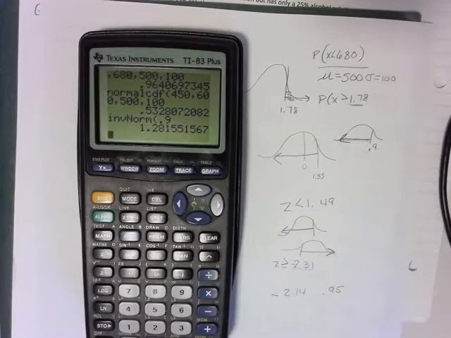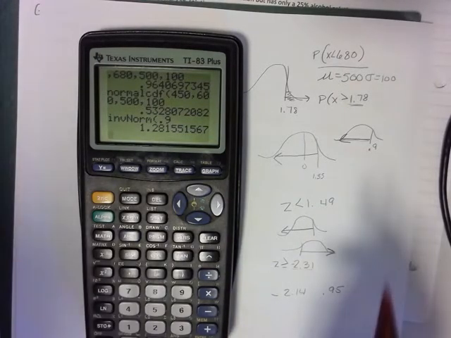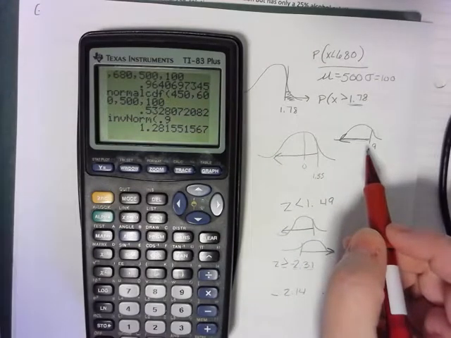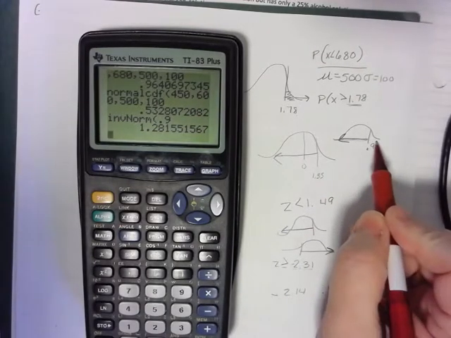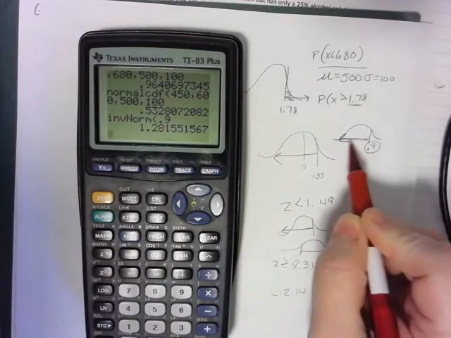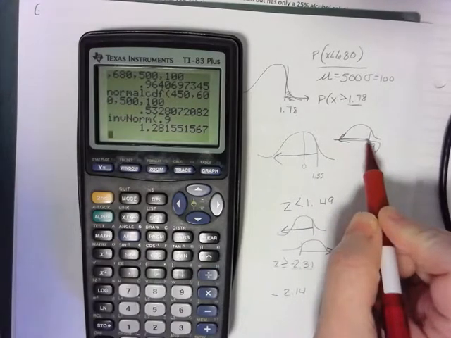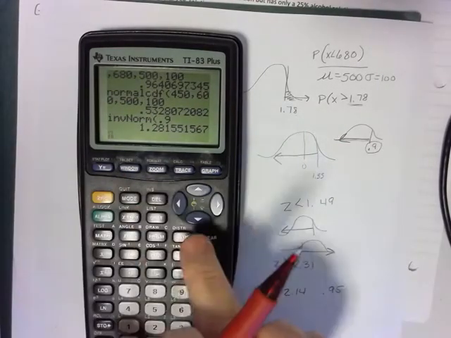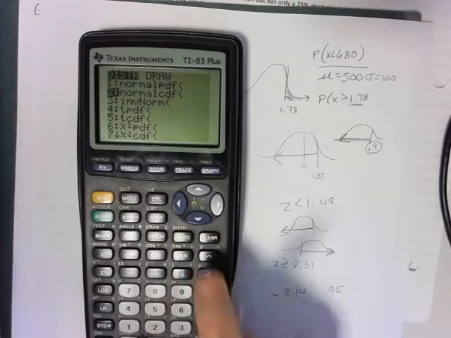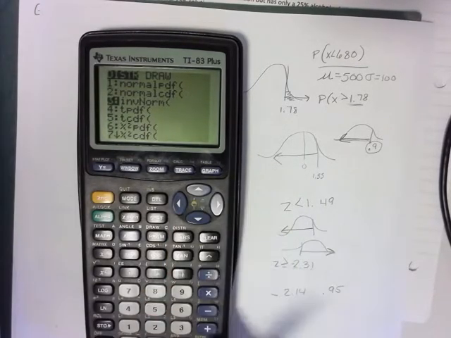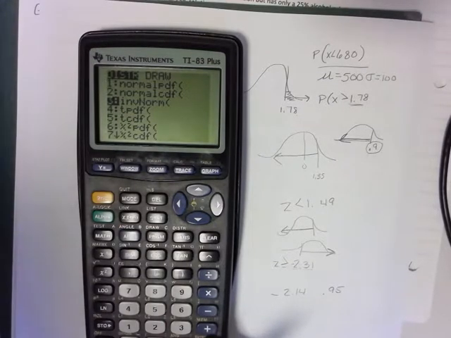Now, if we want the top 10% in 14B, again, we're looking at the 90th percentile below. So I'm going to hit my second vars. I'm not looking for a probability, so I'm not going to use normal CDF. They're giving me a probability of 10%. 10% would be down here.